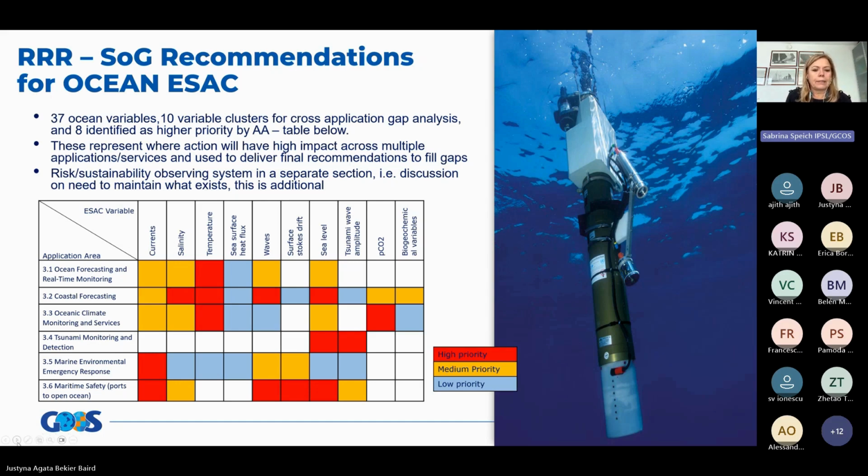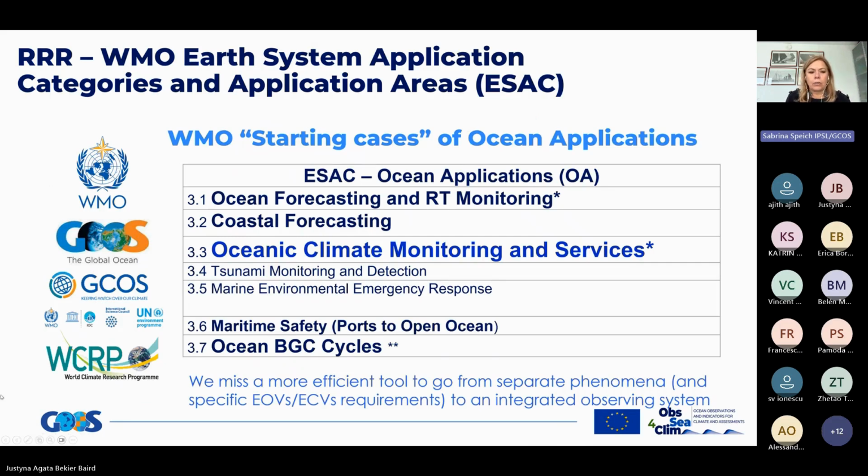If we go to the next slide, in terms of all this system, of course, the ocean climate monitoring service intercepts some of the other areas and sub-areas, and it has been constructed by working with different experts, trying to be homogeneous in this heterogeneous world.